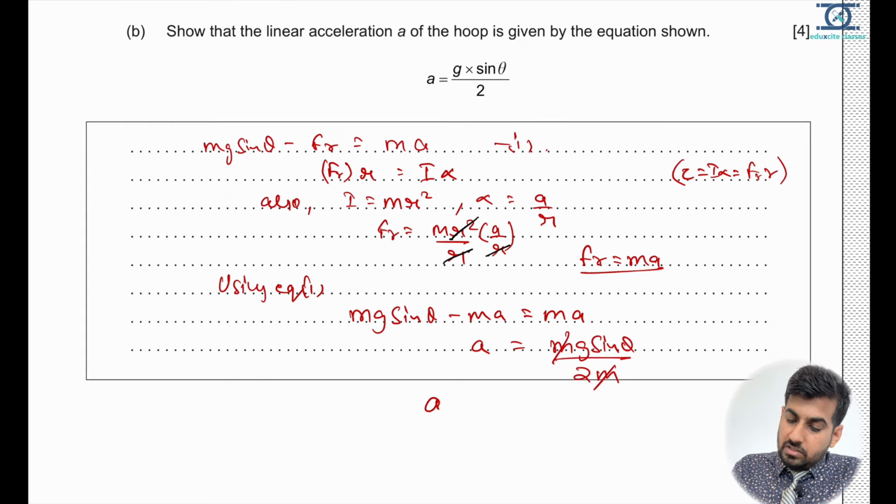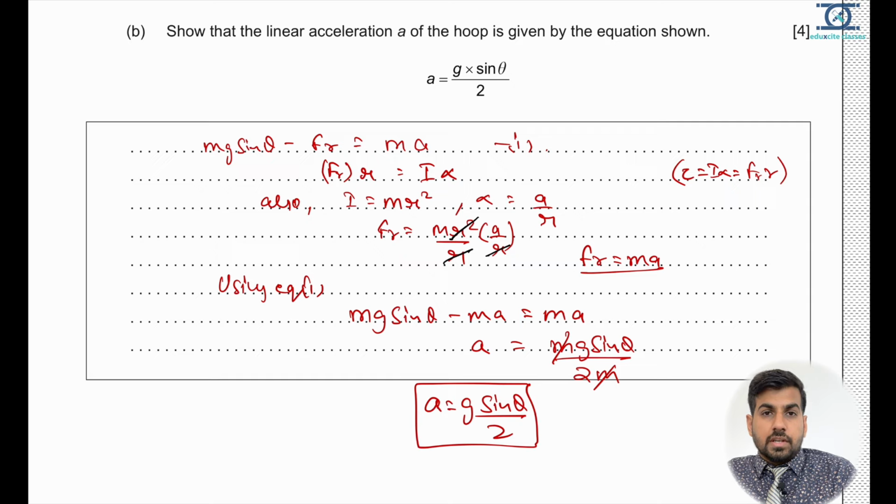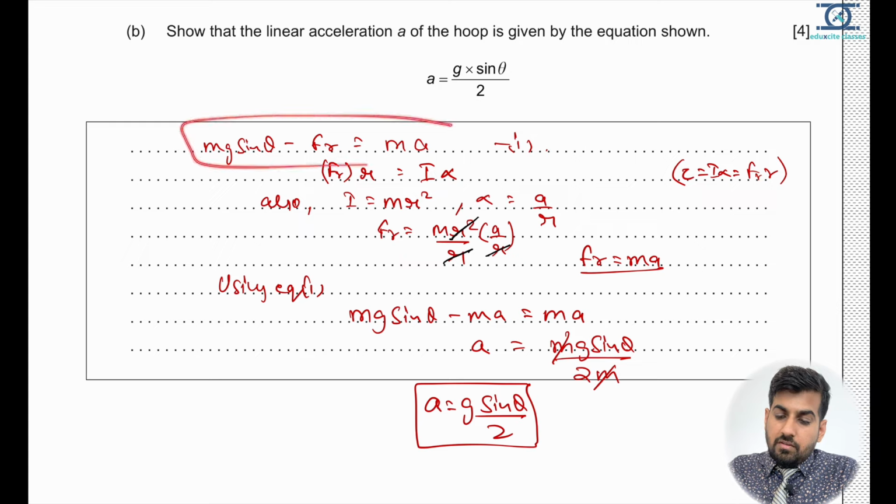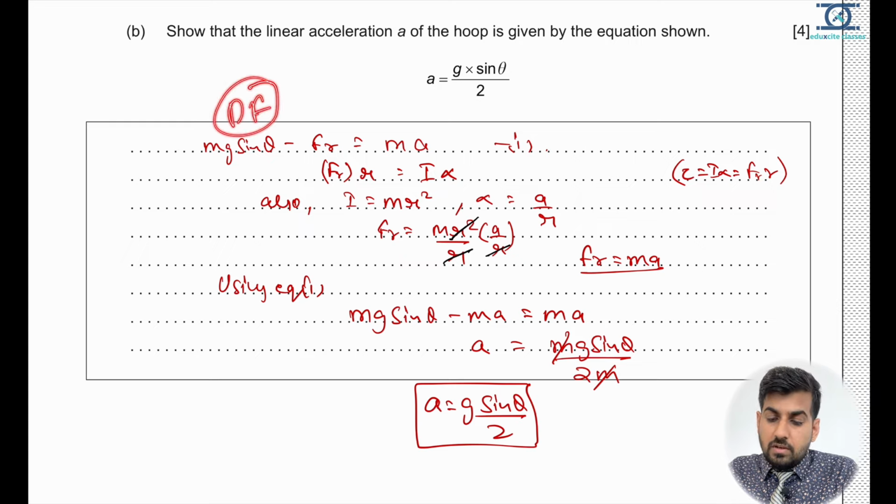So we get the relation a as g sin theta over 2. So this is how we show the equation. I hope it is quite understood. If not, just watch my previous video, where I explain how we frame this equation. This is the driving force, the force in the direction of motion. This is the resistive force, the force in the opposite direction of motion, and this is the net force. Okay.